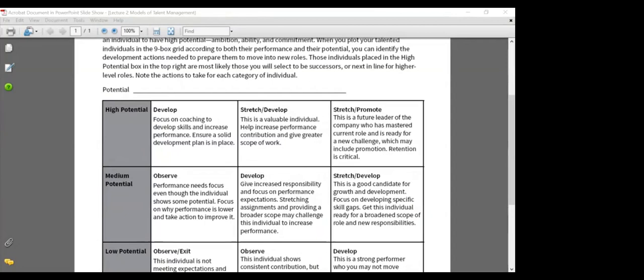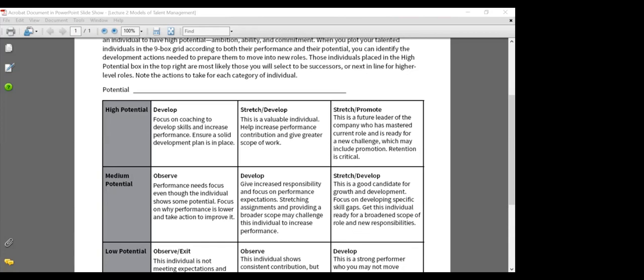Therefore, it is very important to look at all employees from the perspective that their immediate performance may or may not be good, but they have high potential. And it works vice versa also. Their performance may have been very good, but do you want to promote this person?